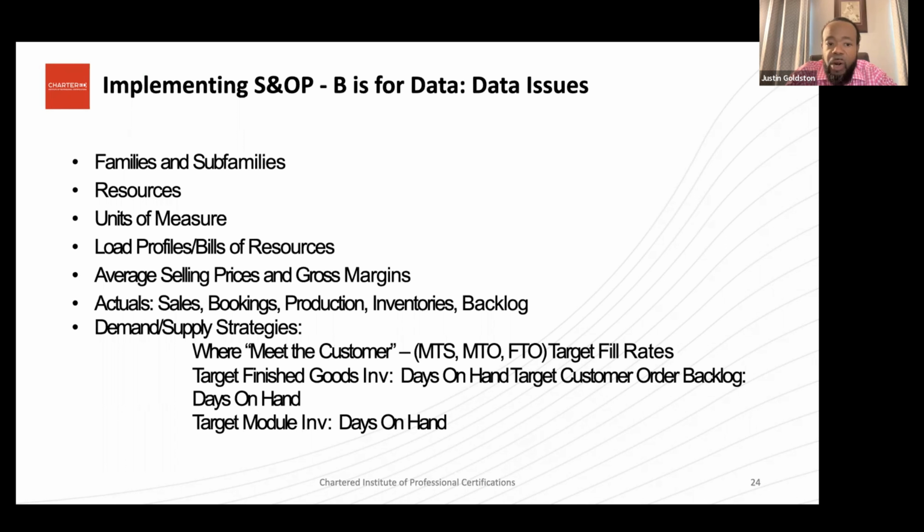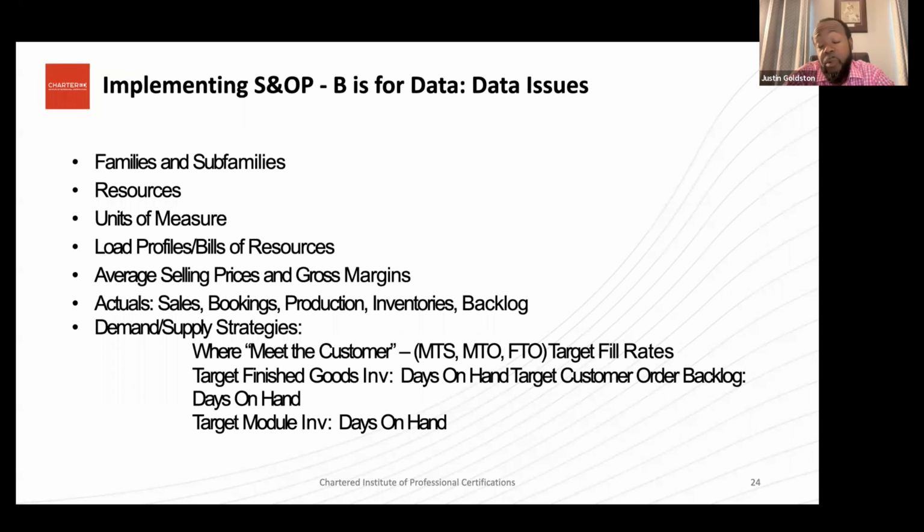So again, target inventory goods, days on hand, these numbers could actually be set up on a dashboard on the ERP system. Okay. So if you do have dashboards within your ERP tool, I would do some research.